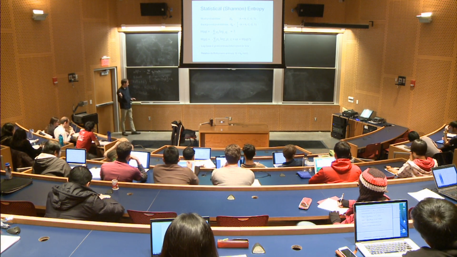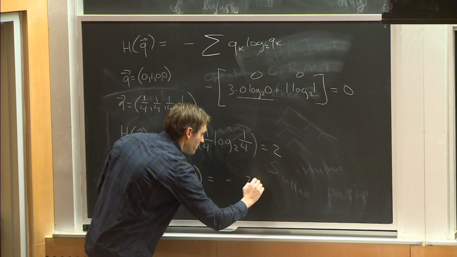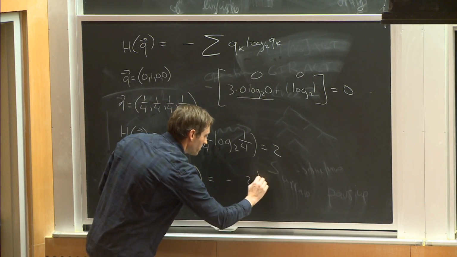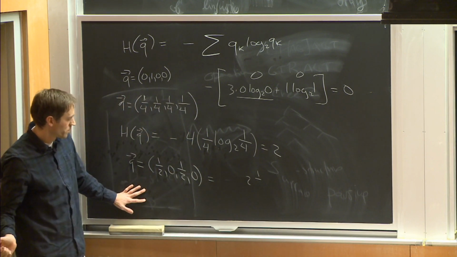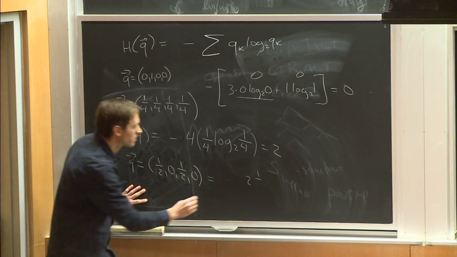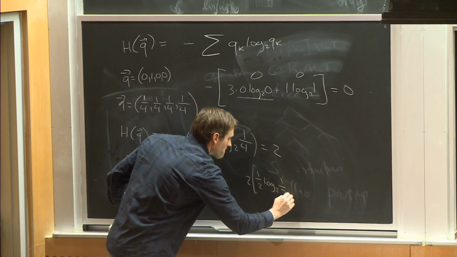And why? Because you have 2 terms of 0 log 0, which is 0, and 2 terms of 1/2 times log of 1/2, which would be -1 each. So you end up with 2 halves.